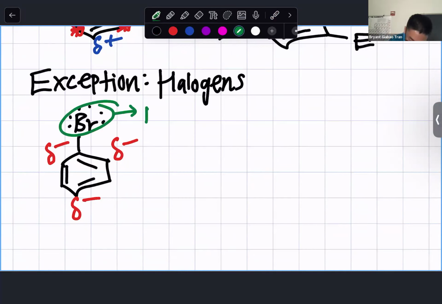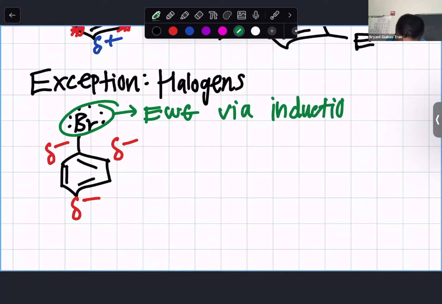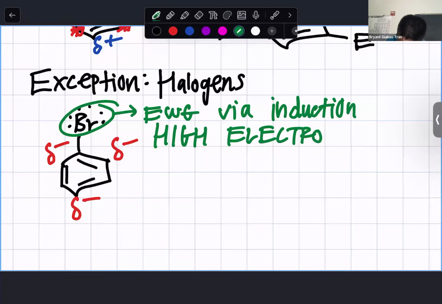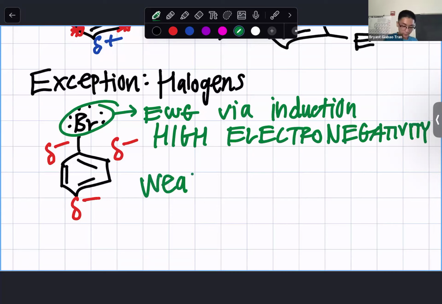This is still an EWG by induction, because halogens have high electronegativity. So consider them as weak EWGs.